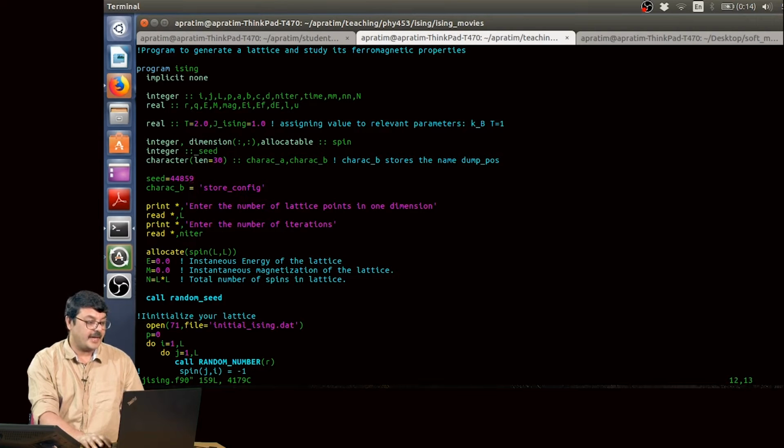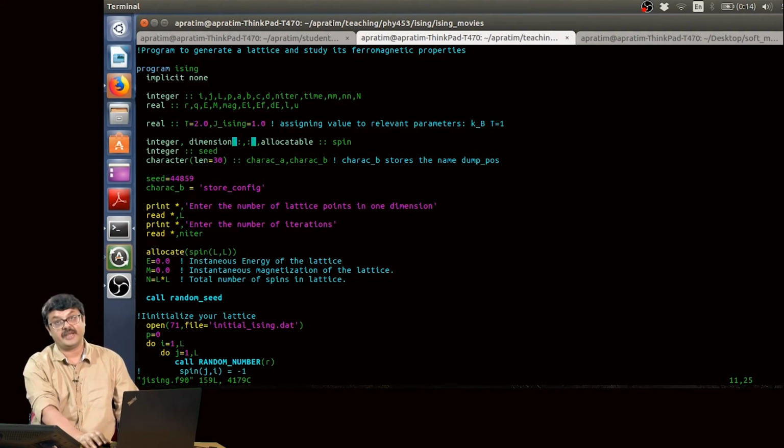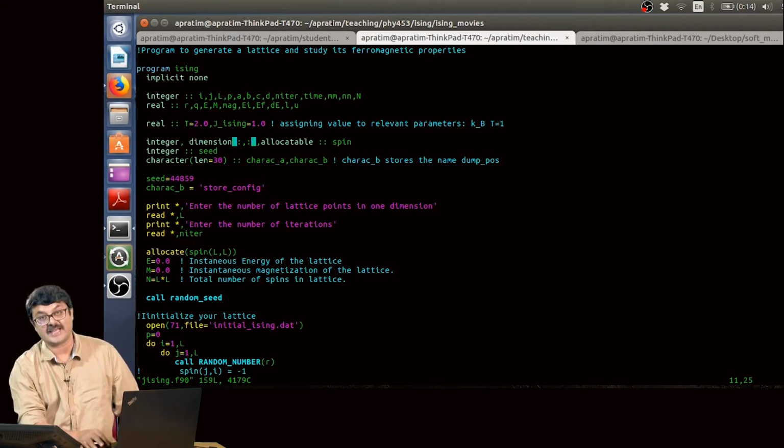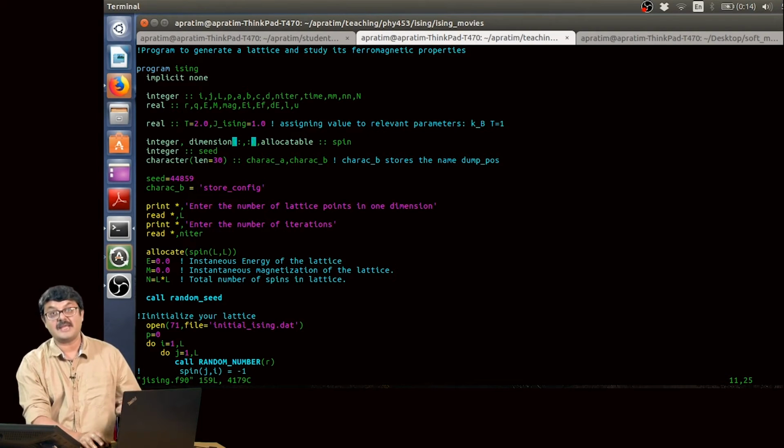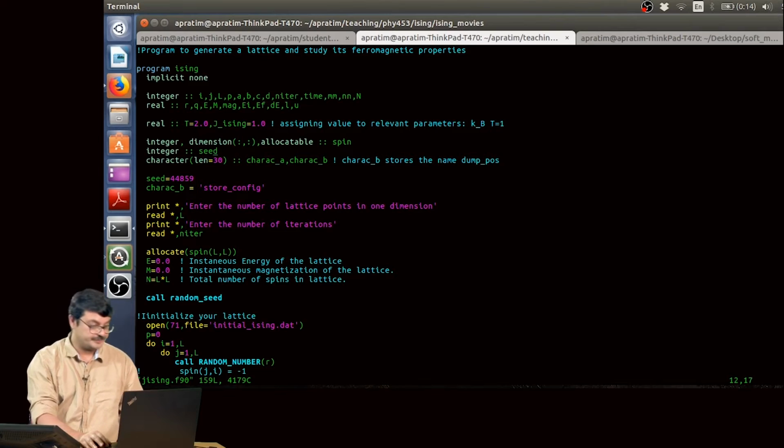Okay. And the spins are plus 1 and minus 1. I am basically defining an array whose size is allocatable, and the name of that variable, a 2 dimensional array, is spin. Here I give 2 colons, which means it is a 2D array, and its size shall be discussed when we run the code.